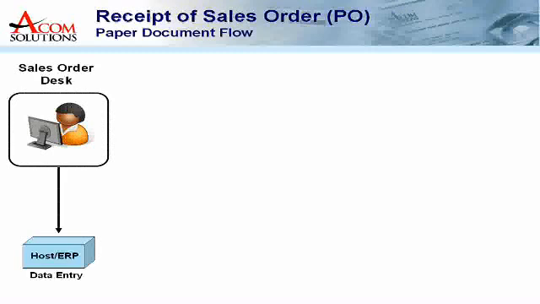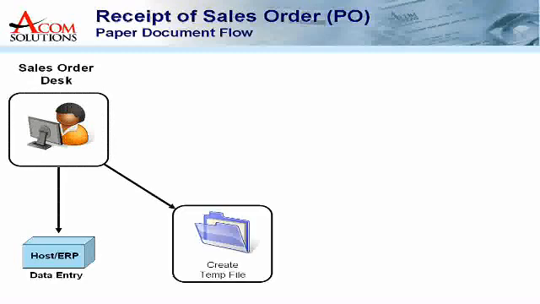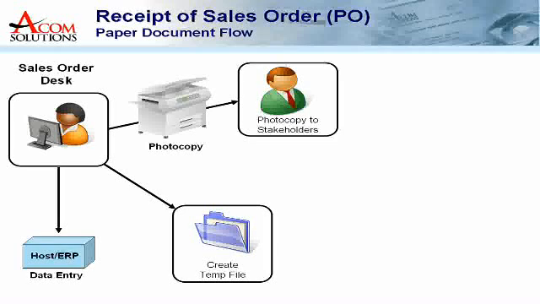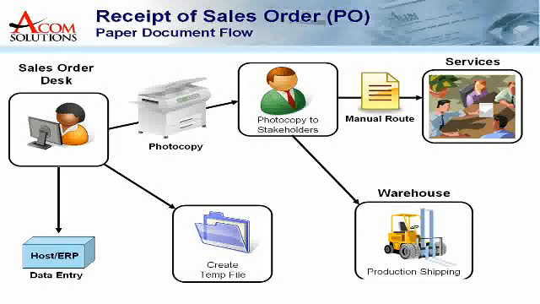So this is manual data entry. They need to create a temporary file, and this is the temporary physical file that goes in the filing cabinet. They've also got to photocopy and distribute copies to key stakeholders. So these key stakeholders are typically the people who need to fulfill the order. So a copy may go to the warehouse to ship the products or goods, and then any services that need to be rendered as well, they may receive a copy.